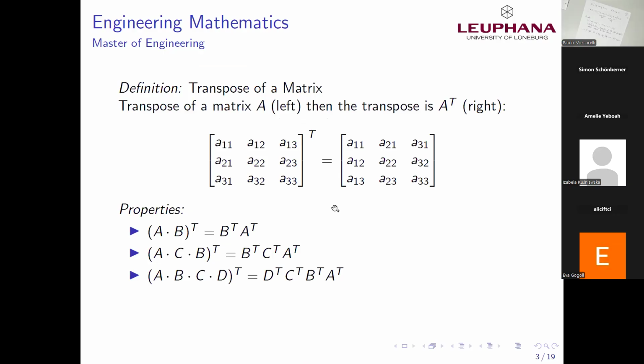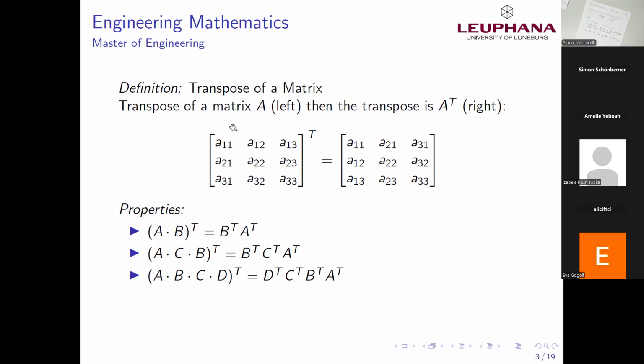Now, very quickly, I can define, and it could be nice, if you have time, to show you some properties of the transpose in dynamical systems, but I don't know if this semester we have time. Anyway, we can also define a transposed matrix, which basically changes rows with columns.